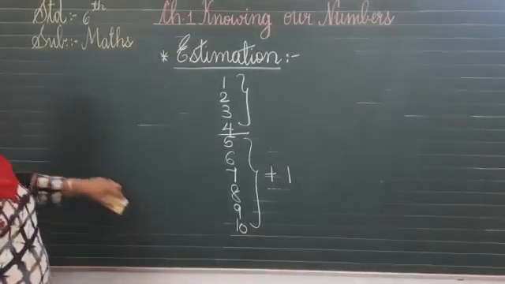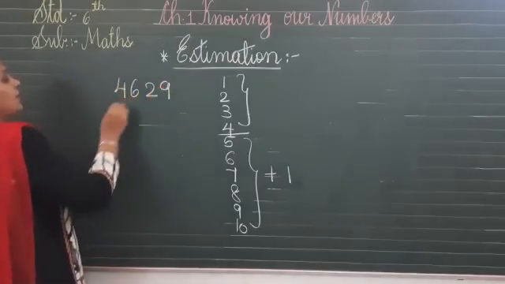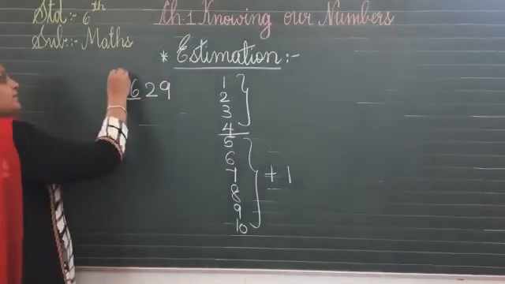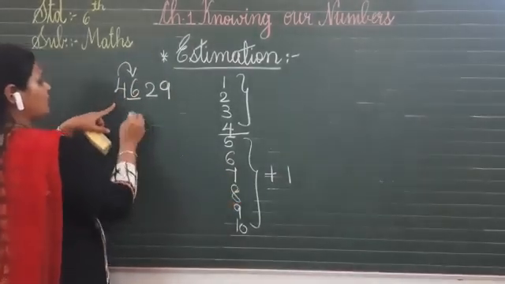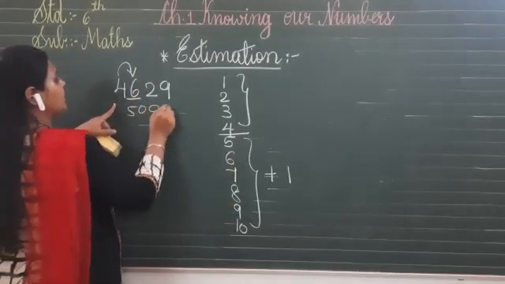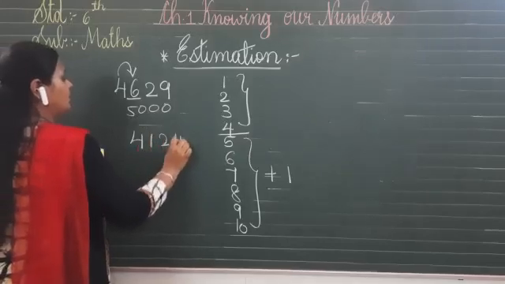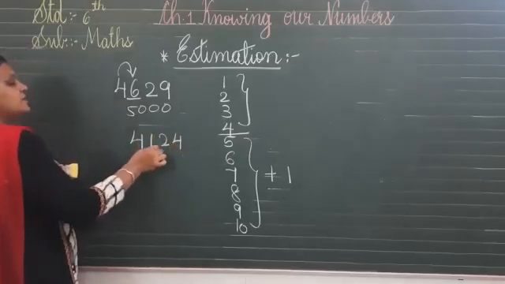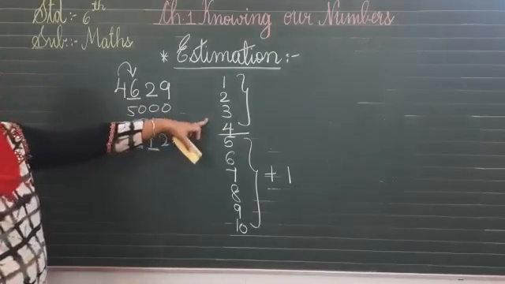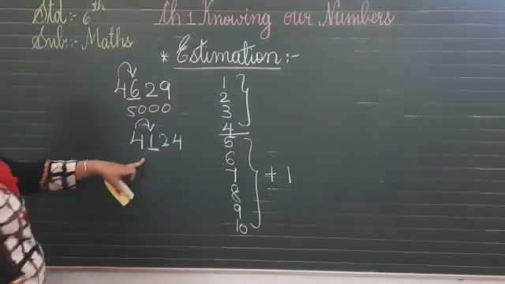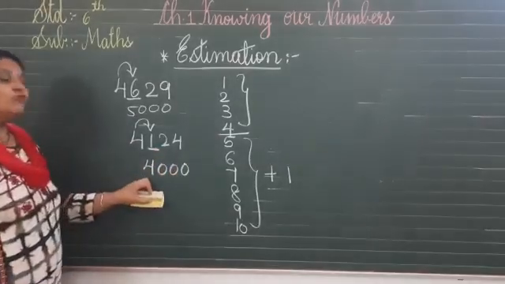If you are given a 4-digit number, you have to check the hundreds place. 6 falls in this category, you have to add 1. So the rounded number is 5000. Here you have to see 1, which falls in this category. So the rounded number of 4124 is only 4000.